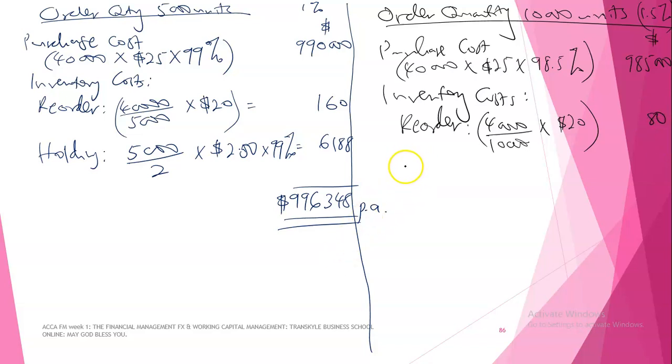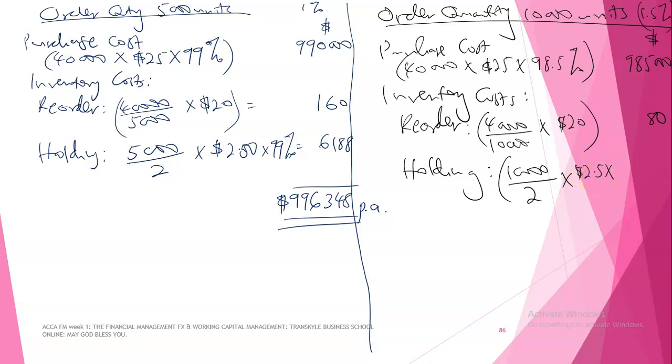Then the inventory holding cost. The inventory holding cost, right? This one is the average inventory. The average inventory, that is the 10,000 over 2, multiply by the inventory cost per unit, which was $2.50. Remember, $2.50.